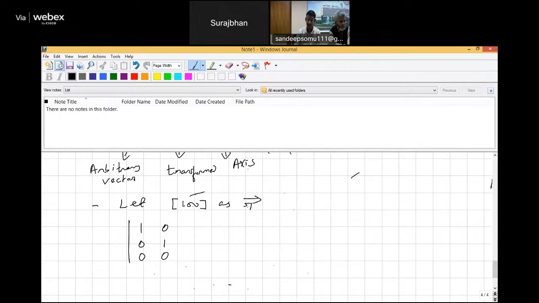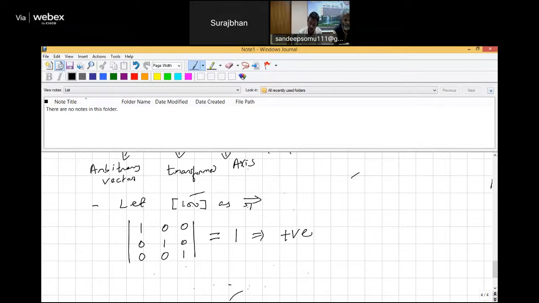Okay, carry on. And our axis is 0 0 1. If we calculate the determinant, it will come as plus 1. This is positive.